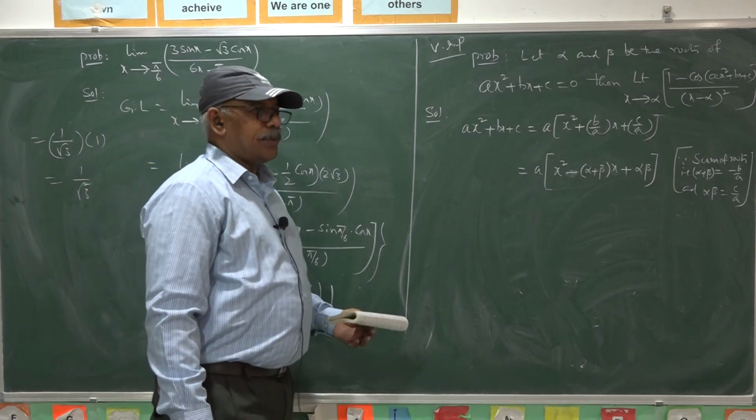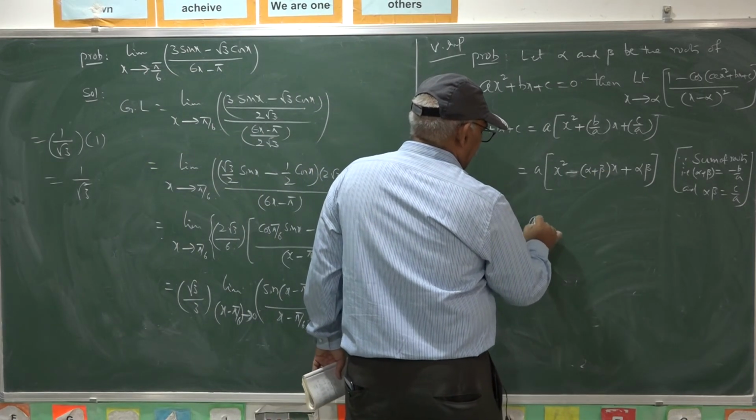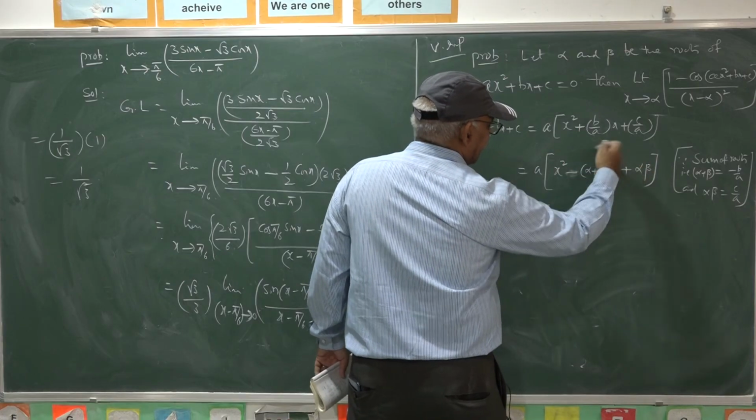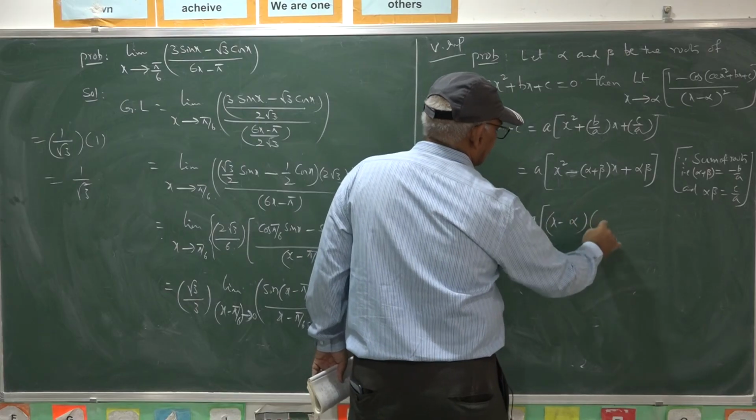You can write c by a as alpha beta and b by a as minus of alpha plus beta. Now totally you can write this one as a into (x minus alpha) into (x minus beta).